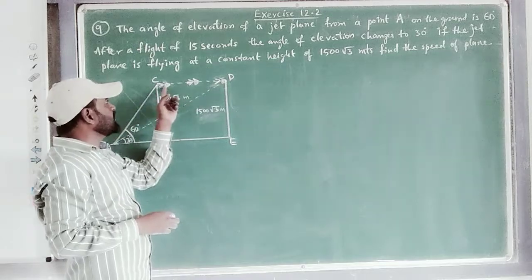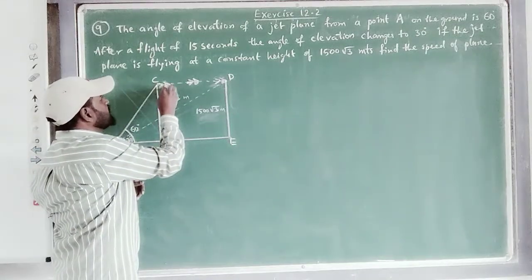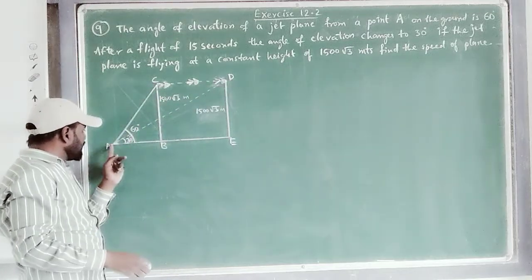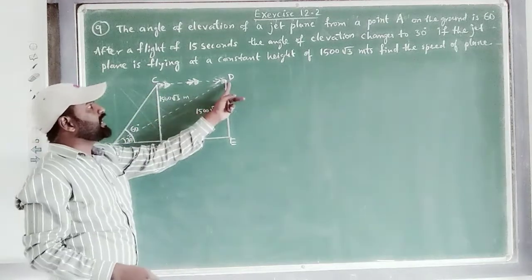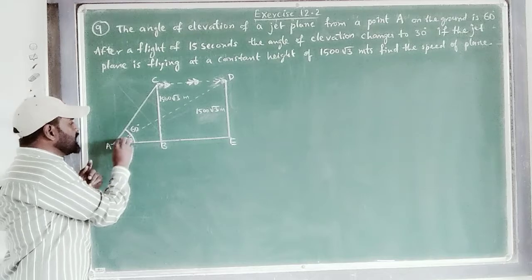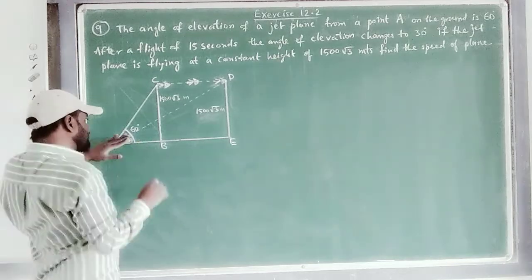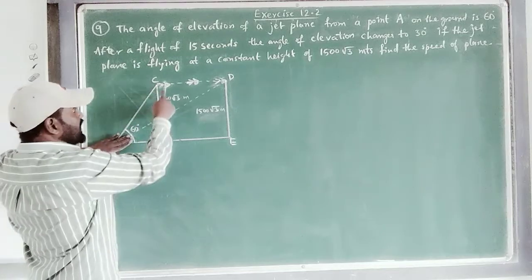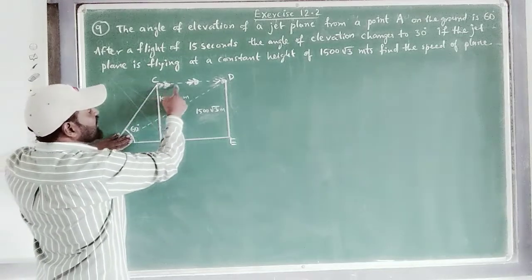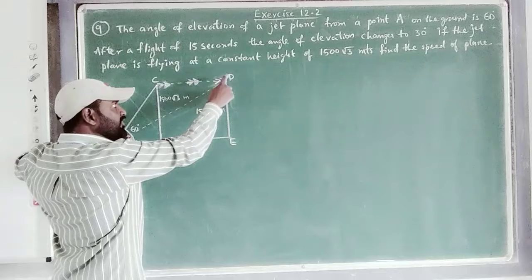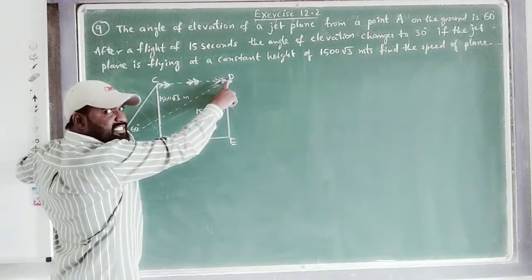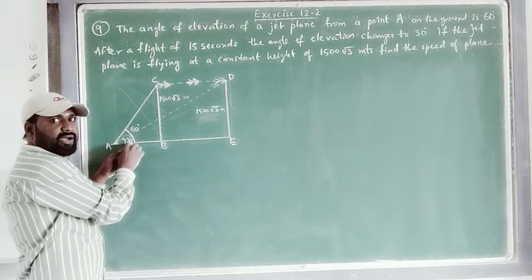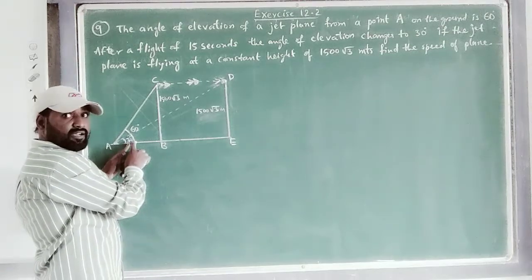In 15 seconds, the flight moved from point C to D. Now again, from the same point when you observe the flight, the angle of elevation has changed. It is 30 now. For the first time, when it is observed here, it is 60 degrees. Second time, after 15 seconds, the flight has traveled a certain distance, and when it reaches here, the angle of elevation is 30 degrees.